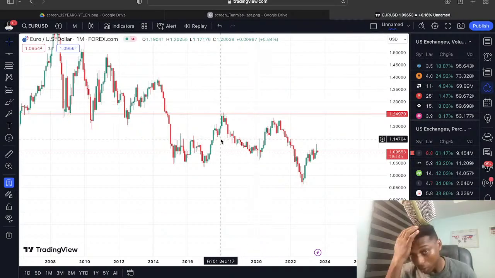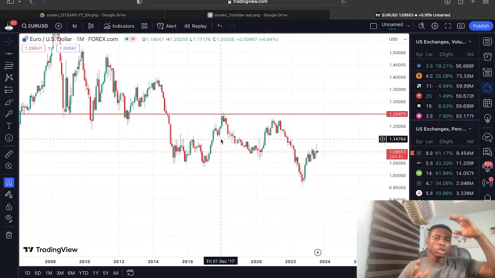So today we'll be analyzing the market using the top to bottom approach.